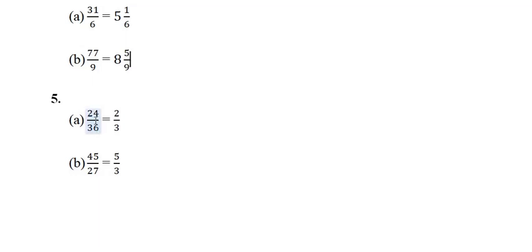So it is 12. 12 2 times is 24, 12 3 times is 36. Or you can do it gradually, starting with 4 or 3, or with 6, but you have to bring it to the lowest one in which you cannot do further calculation. So this is the simplest form of this fraction.